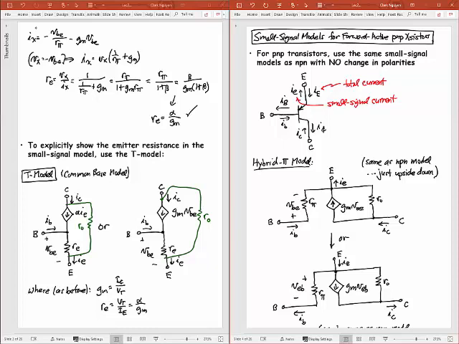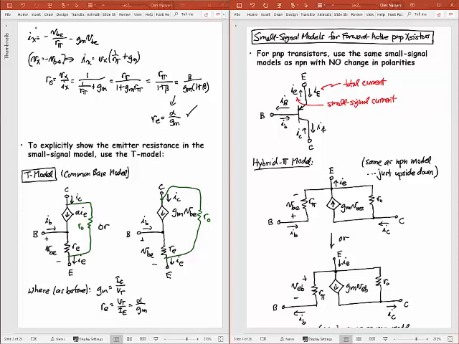Luckily, that's very easy to do in the small signal world, because in the small signal world for PNP transistor, yeah, the symbol looks a bit different. Instead of the arrow being at the bottom here, the arrow's up at the top. But I can really just treat this as an upside down hybrid pi model for NPN. So if I go in and I still say that's the emitter, that's the base, that's the collector. I put the base and the collector at the bottom and the emitter at the top here.